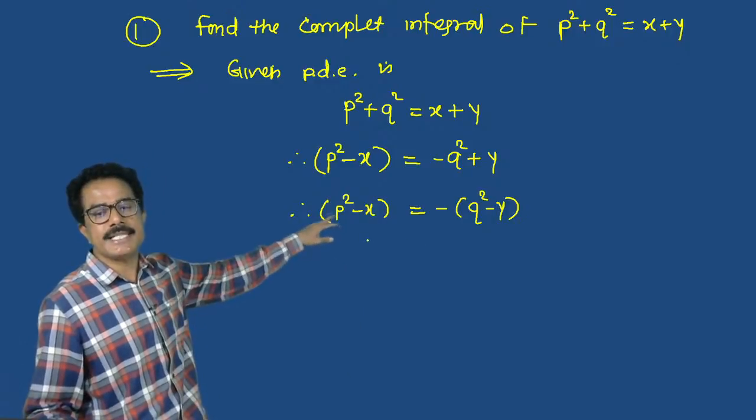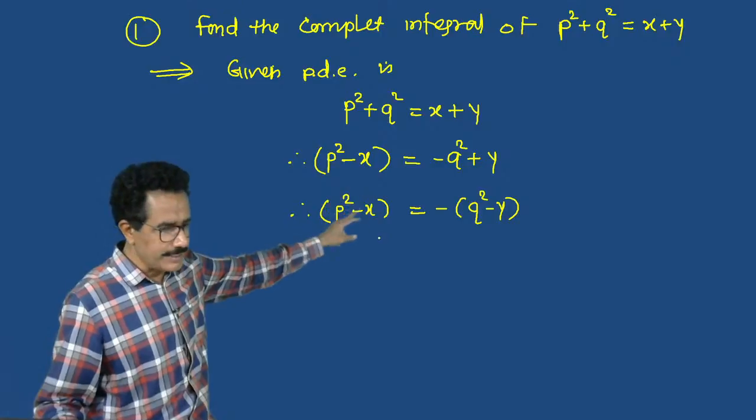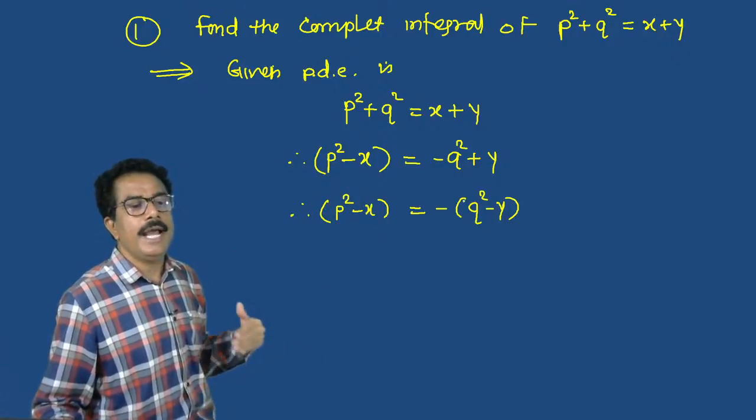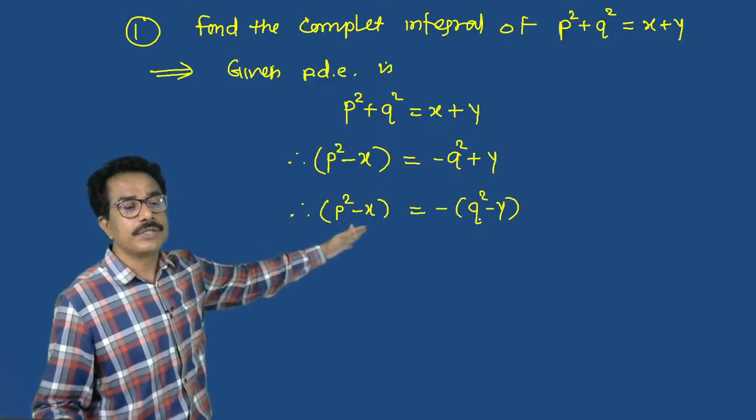Means this is as like g of p comma x, which is as like h of q comma y.